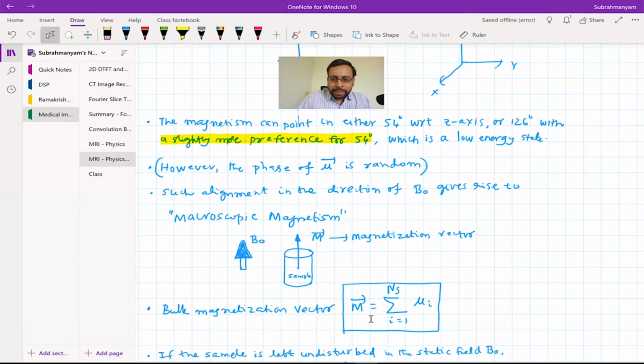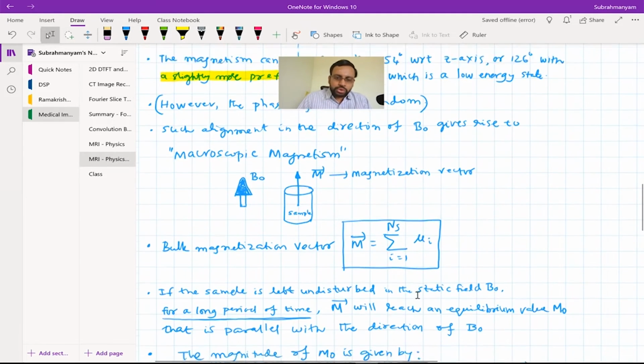And how do you get that M bar? That is equal to, let's say, the total number of hydrogen atoms you have in a given sample, or in a voxel space that you are currently looking at, say Ns, the total number of hydrogens you have, and you sum all of them together.